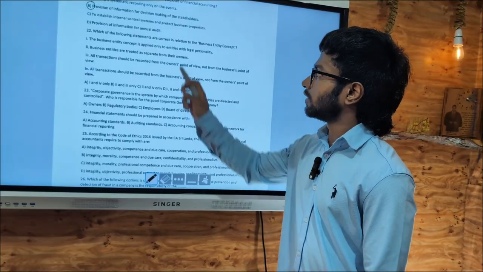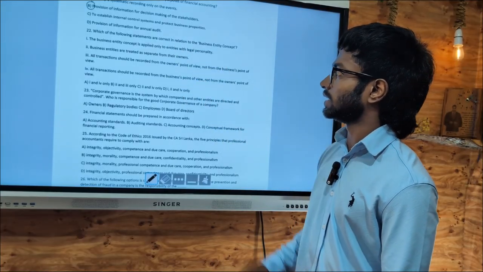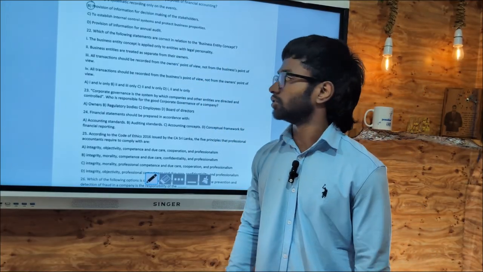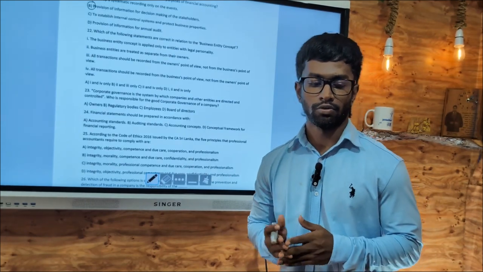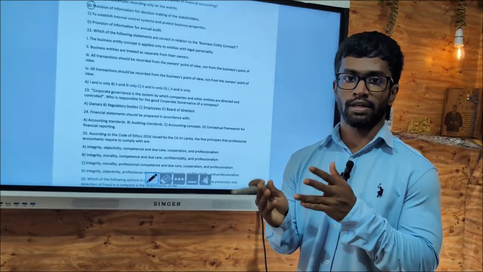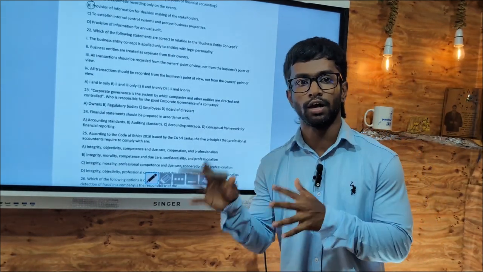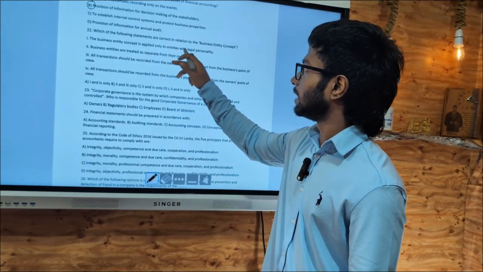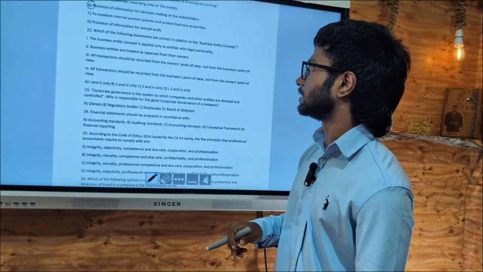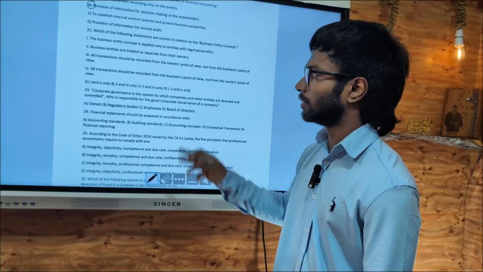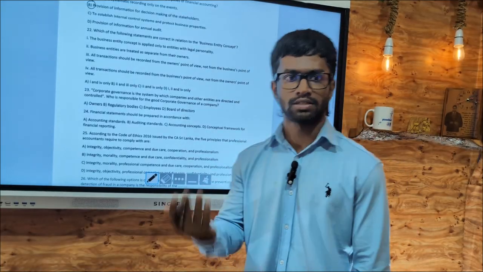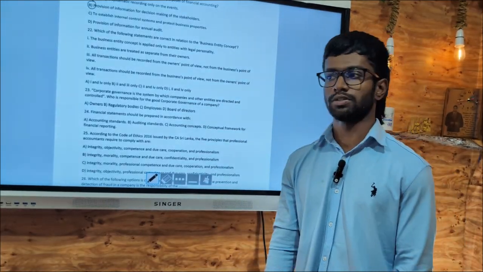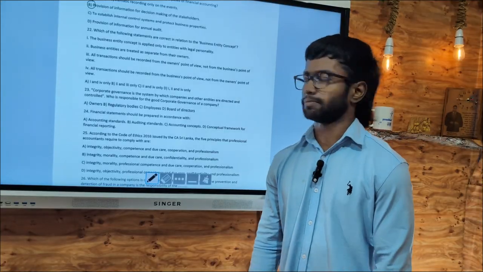Next, which of the following statements are correct in relation to business entity concept. So I hope you remember, I told you business entity is where it states that the business and the owner are two separate entities. The business entity concept is applied only in entities with legal personality. No, it applies to anything, any business that you're carrying on, could be partnerships, companies, anything.